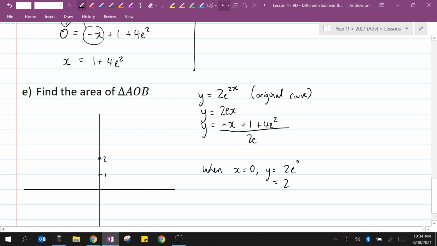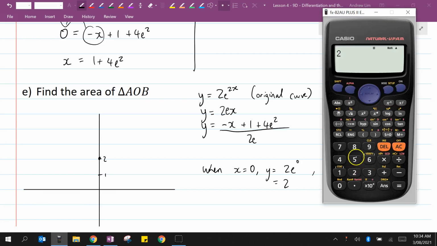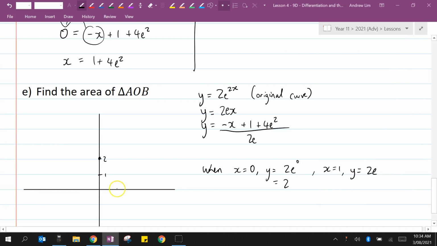And we said before when x is equal to 1, that y is equal to 2e to the power of 1, which is 2e. Now, what is 2e approximately equal to? That's about 5.4. So when x is 1, let's just say that's 2e. It's up here somewhere.